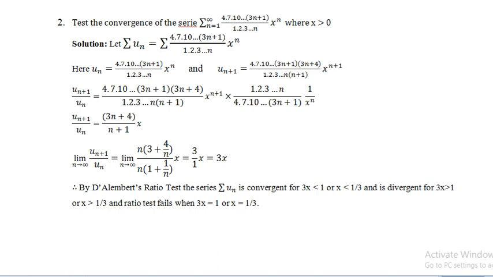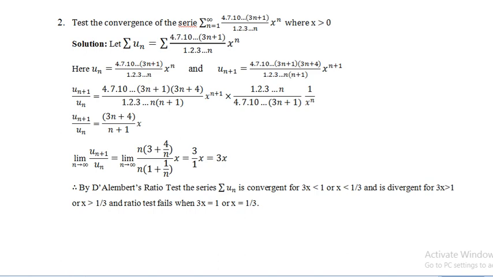Now we will divide u n plus 1 by u n. So u n plus 1 is this term, divided by u n, which means this term becomes reciprocal. So interchange the numerator and denominator terms, which becomes 1, 2, 3 up to n, and the denominator 4, 7, 10 up to 3n plus 1, and x raised to n becomes 1 by x raised to n.